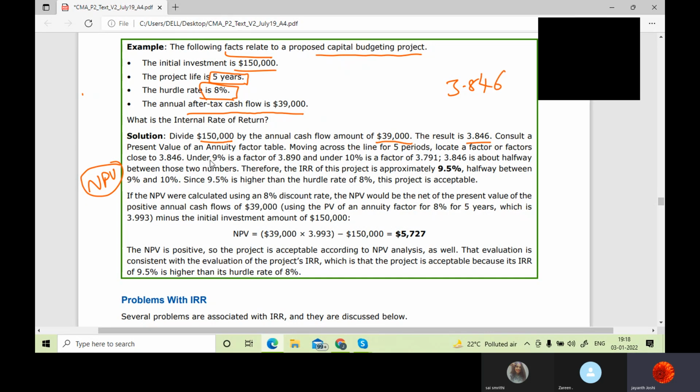The result is 3.846. Then they are asking you to see the present value table. When we see the present value table, we have to see between which two percentages this 3.846 lies. I'll show you.